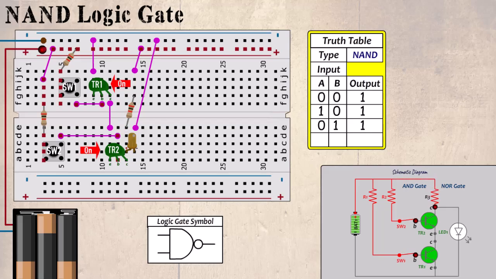Current then flows through R3, but as both transistors are now on, causes a voltage drop across the LED and the LED fails to light. So if both inputs are 1, then the output is 0.